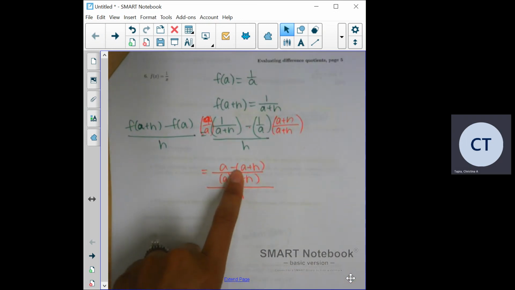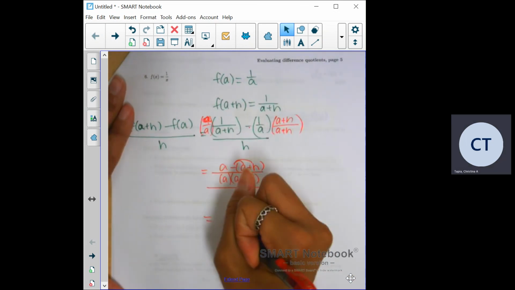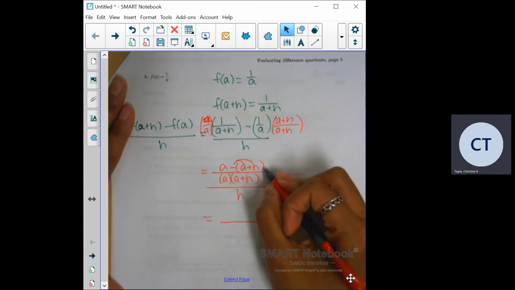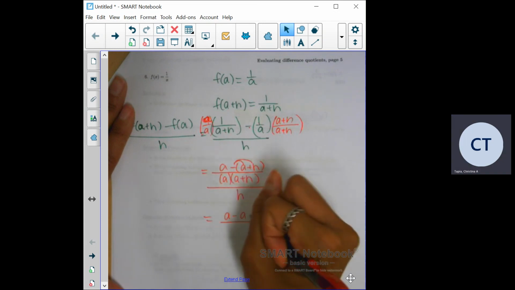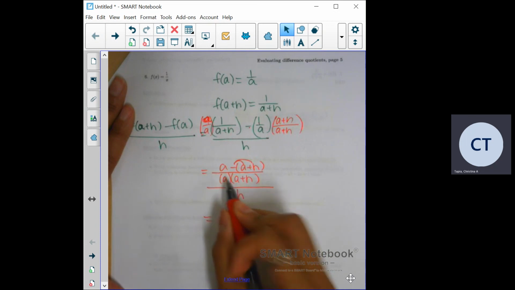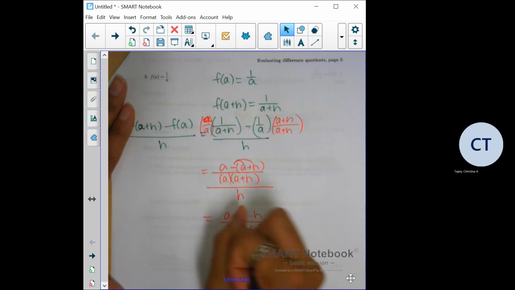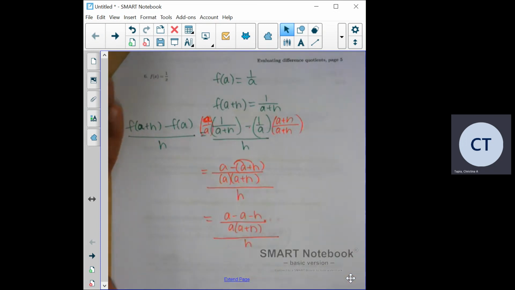What can I do in the numerator of the numerator with that negative? Distribute. So we're going to have in the numerator up here at the top, a minus a minus h. The denominator here is still a times a plus h. And we're dividing all of that by h.